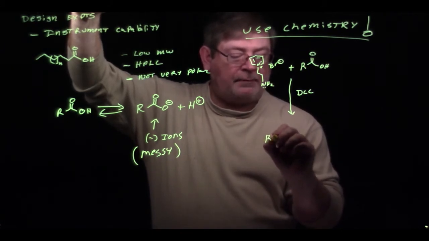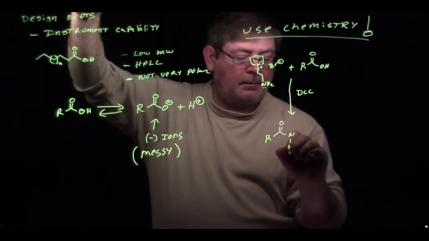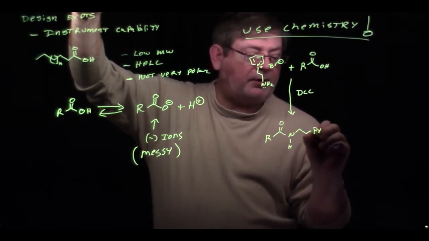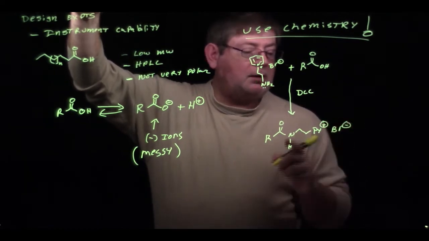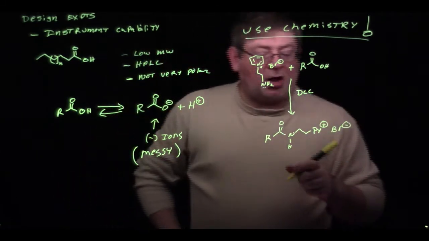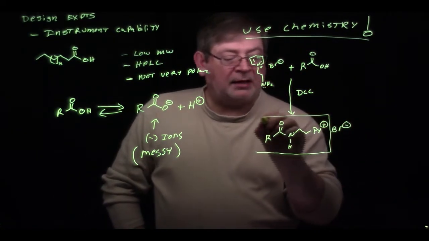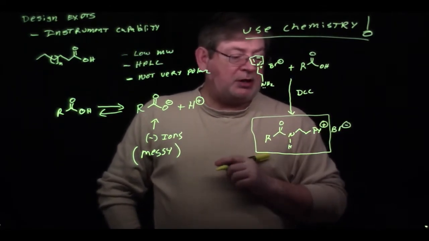And when we do that, and I'm just going to put PY for pyridine, and I'm going to put a positive charge out here. Okay, so you end up with these pyridinium salts, and now your carboxylic acid has been converted into something that has a formal positive charge associated with it.